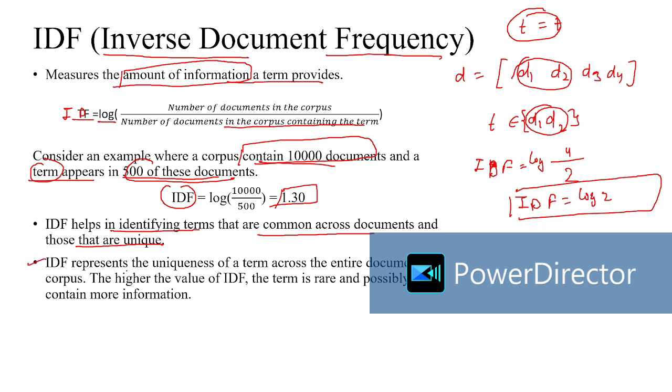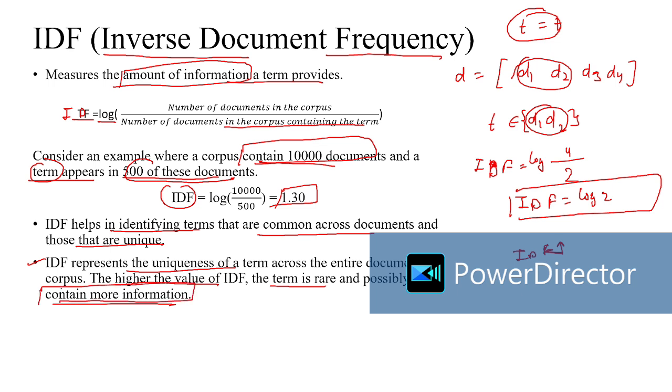IDF represents the uniqueness of a term, meaning how unique the term is across the entire corpus. The higher the value of IDF, the rarer the term is, and the term possibly contains more information.